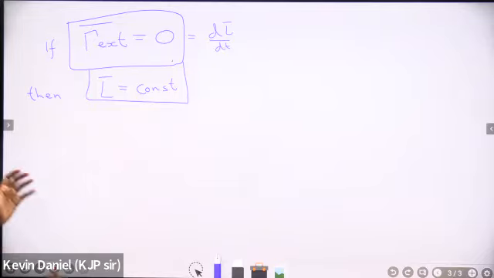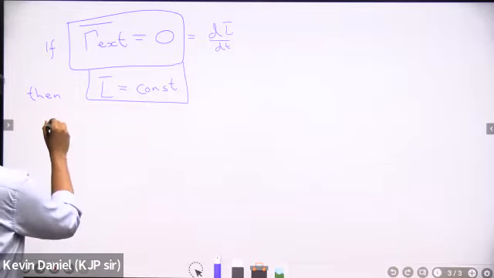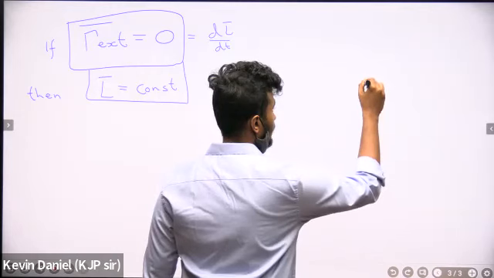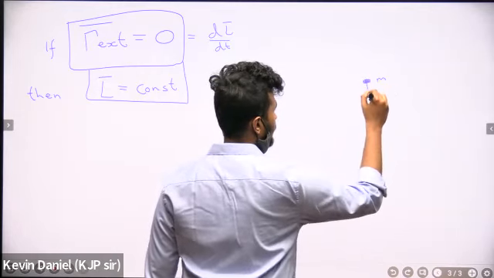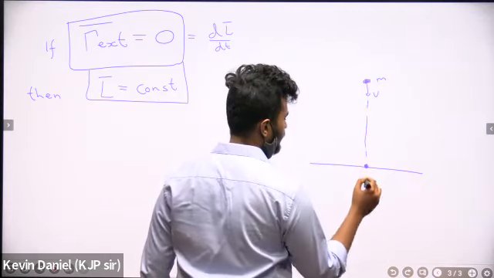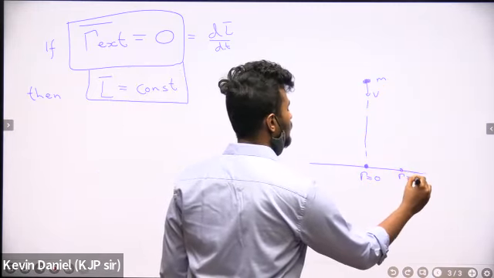If the torque about some axis is 0, then the angular momentum about that axis is conserved. Sir, can you give an example where there's a torque about one axis but no torque about another? Many simple examples. For instance, say an object is falling with velocity v. If we take an axis along that same line, the torque will be 0, but if we take some other axis, the torque will not be 0.